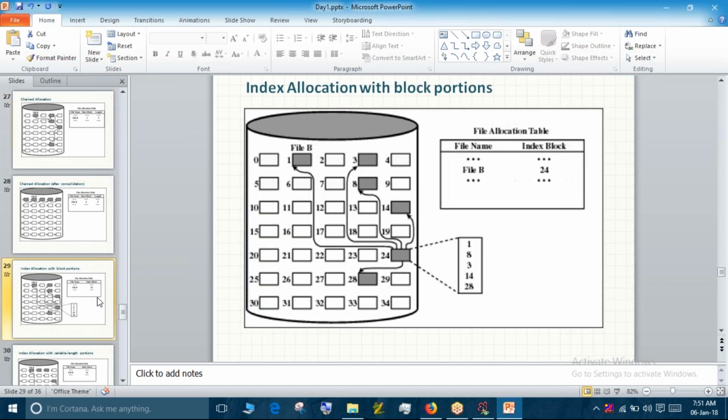That is why we have a new technique called indexed allocation, where file B, again it is FAT only. You see, all this is FAT only. This is how the file allocation table model has evolved.